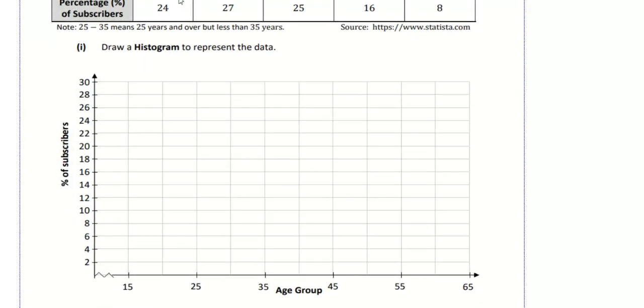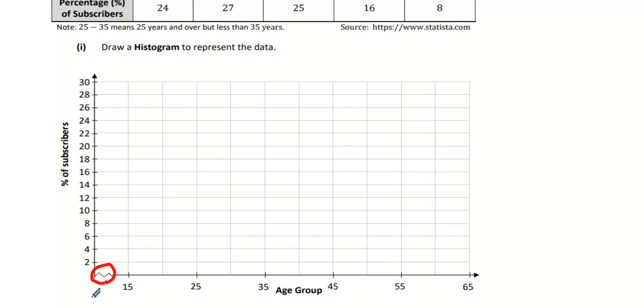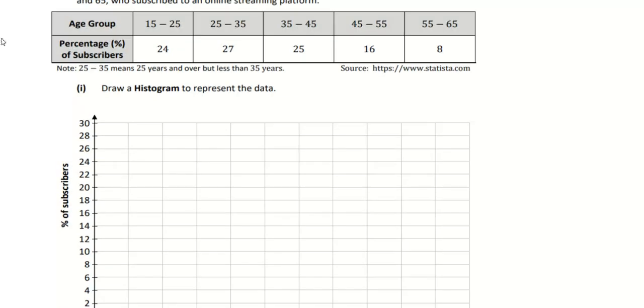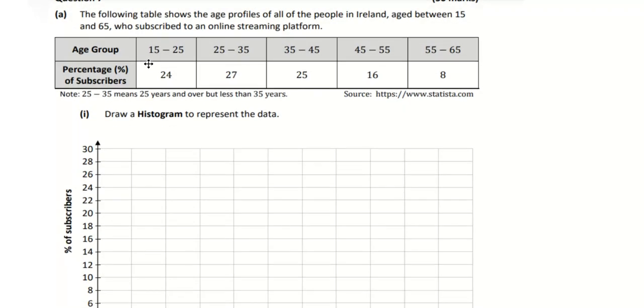24. See these lines here? That means it goes all the way back to 0. But we don't have it written like that. It only goes back to 10, but it does go all the way back to 0. That's what that line's about. Okay. So the question is basically age profiles of people in Ireland aged between 15 and 65 who subscribe to an online streaming platform.